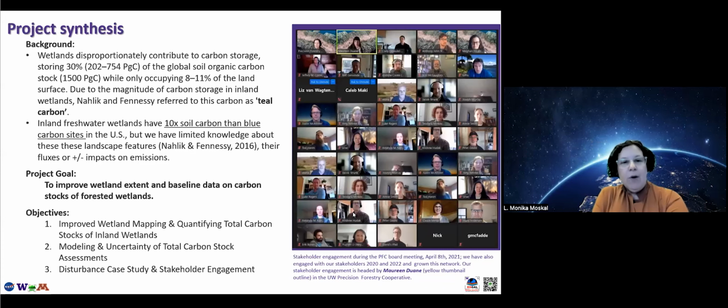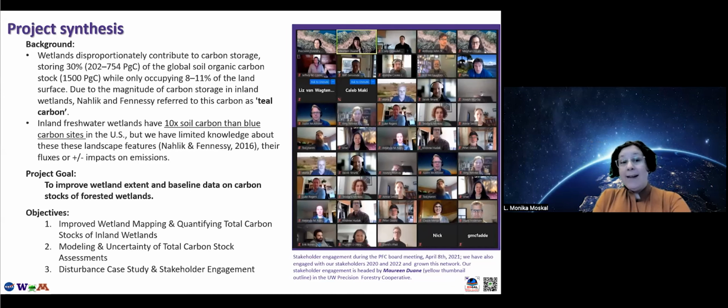But I do want to tell you a little bit more. Why did we choose teal carbon? We chose teal carbon because wetlands disproportionately contribute to carbon storage, storing about 30% of the global soil organic carbon stock, but only occupy 8 to 10% of the land surface.